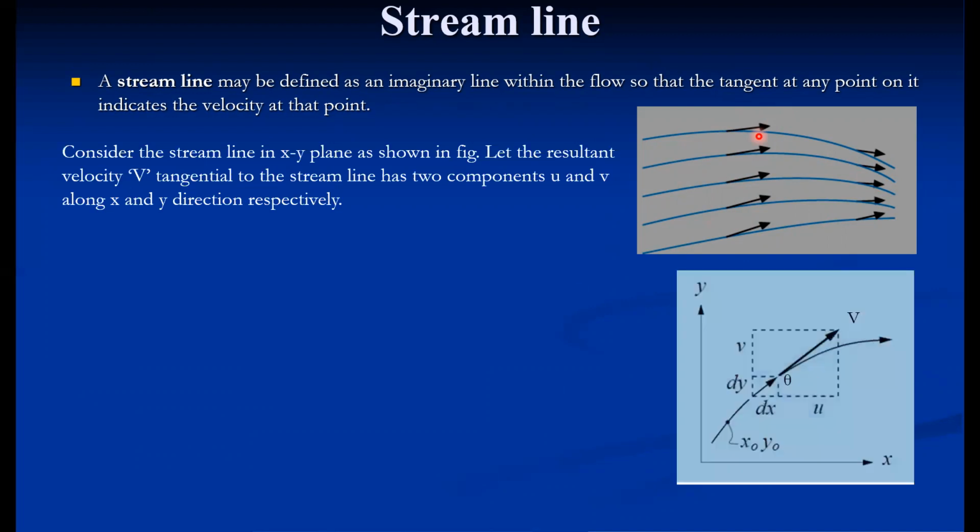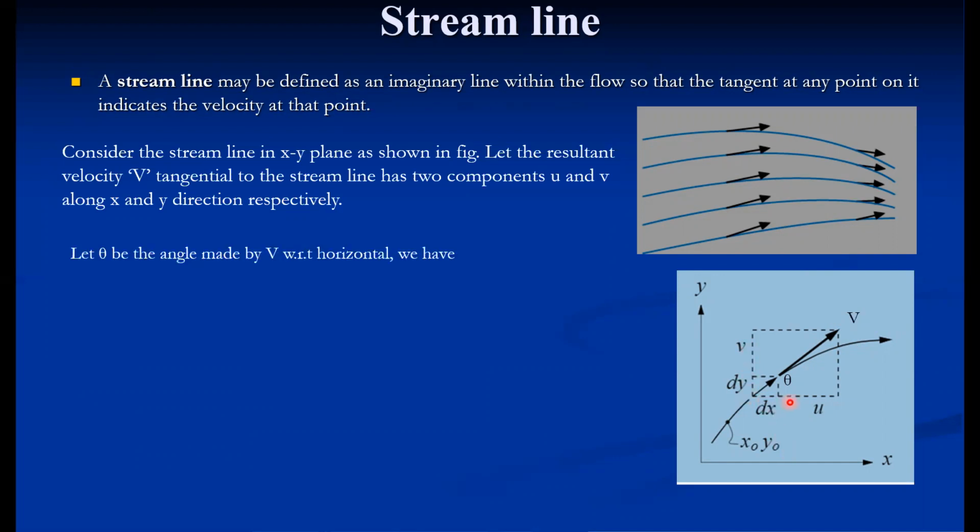Suppose we consider a streamline on the xy plane as shown in the figure. Let V be the resultant velocity, which is tangential to this streamline, and it makes an angle theta with the horizontal. It has two components: the x velocity component is u and the y velocity component is v.